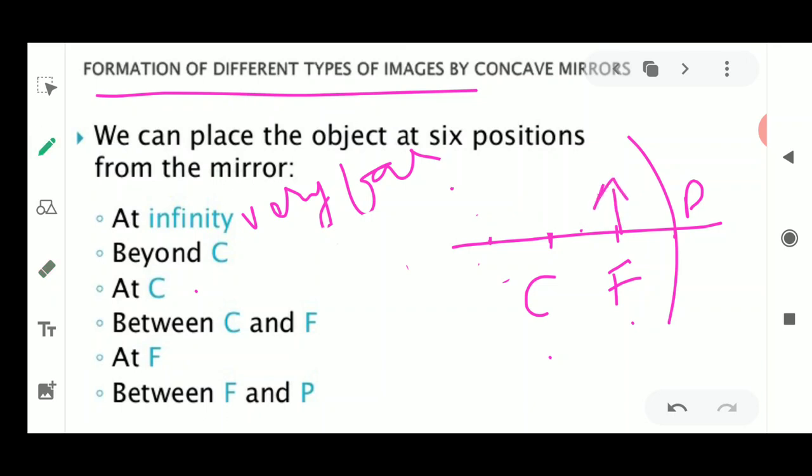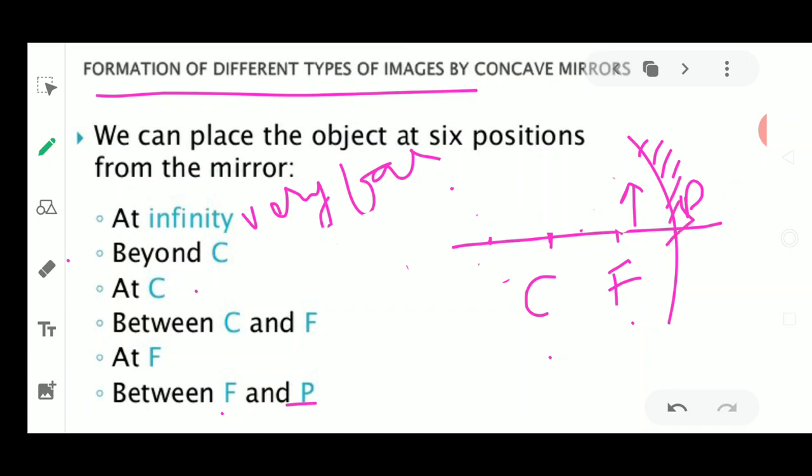The last position which we have to discuss is when the object is placed between F and P. F means focus, and P means pole, which I have drawn here. It could be placed somewhere here very near to the mirror.